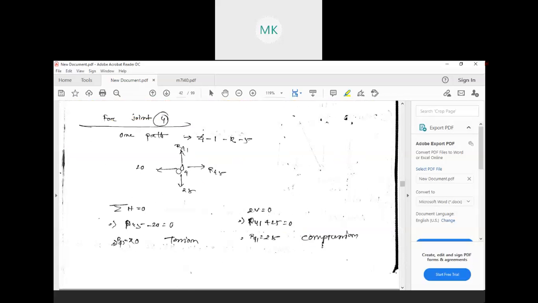If we draw the free body diagram of this joint, it will look something like this. Two values are known and two are unknown, so we can easily find the other two unknowns by resolving the horizontal and vertical forces. These things are very simple, you can easily do.